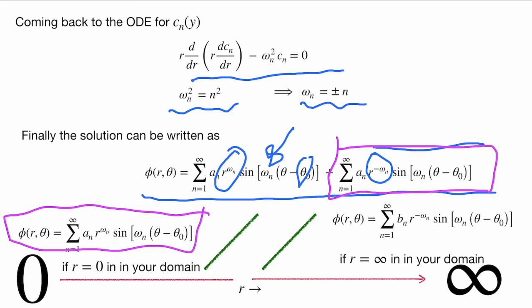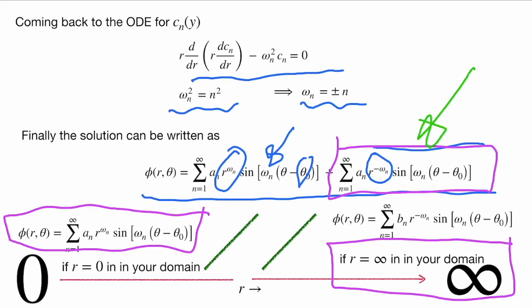On the other hand, if we have infinity in our domain, in such a case we cannot use r to the power plus n. Then we have to use the series which involves only r to the power minus n, and that is this term only. The solution in such a case would be phi of r, theta equal to sum n going from 1 to infinity b_n r to the power minus omega n sine (omega n theta minus theta naught).